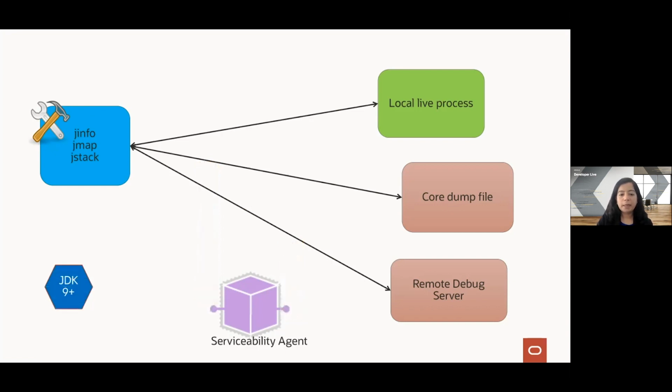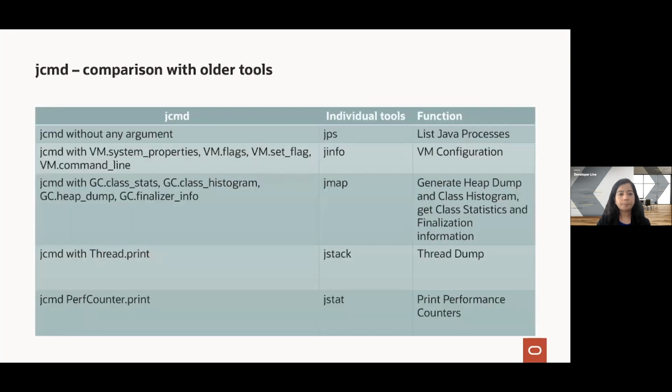And in JDK 9, the Serviceability Agent support was removed. Now these three tools can no longer work with core dump files and a remote debug server or remotely running applications. These tools can only monitor and manage local live processes.